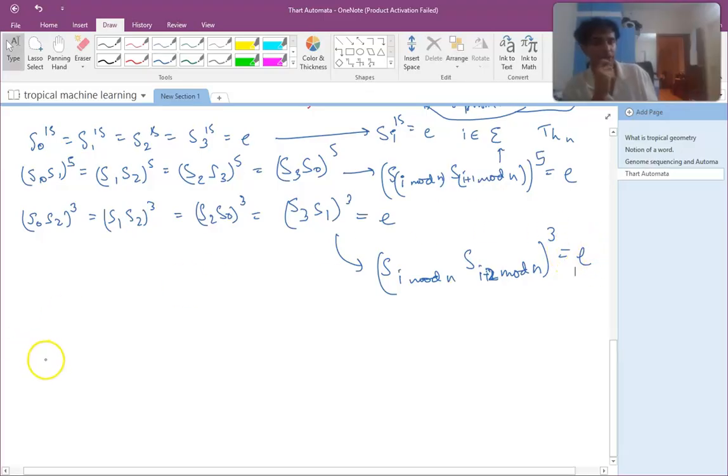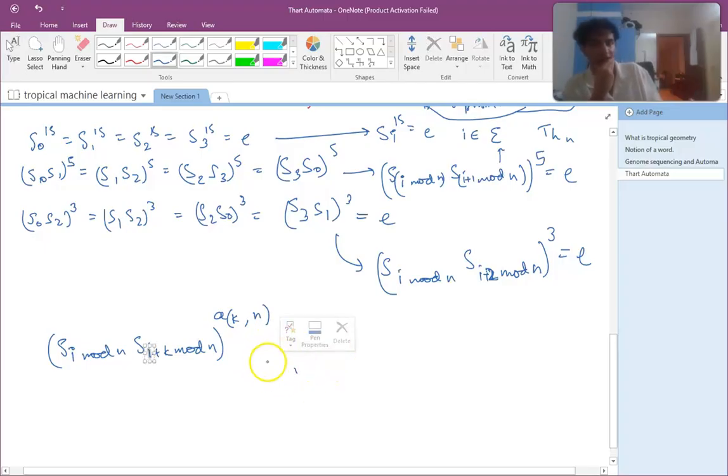So something I want to point out that is interesting to know, or that would be information of interest, is that if I had Si mod n and if I had Si plus k mod n, I should get an exponent that is a function of k and n.